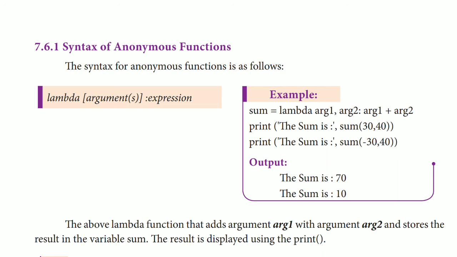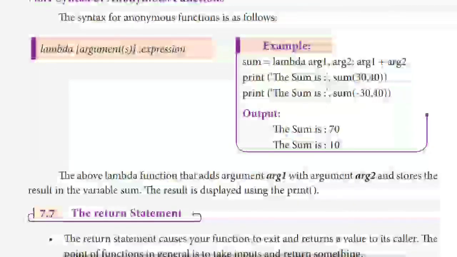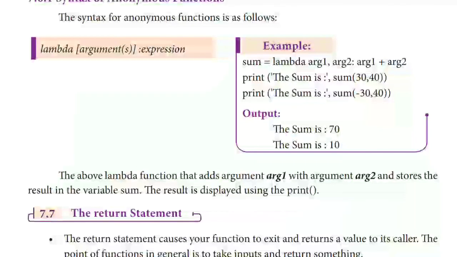So sum of 30 comma 40, these two values will be added and printed. In the next statement, sum of 30 comma 40 is subtracted and printed as 20. The above lambda function adds argument 1 and argument 2 and stores that in the variable sum. While printing the result, you can see the value of the variable in the output.